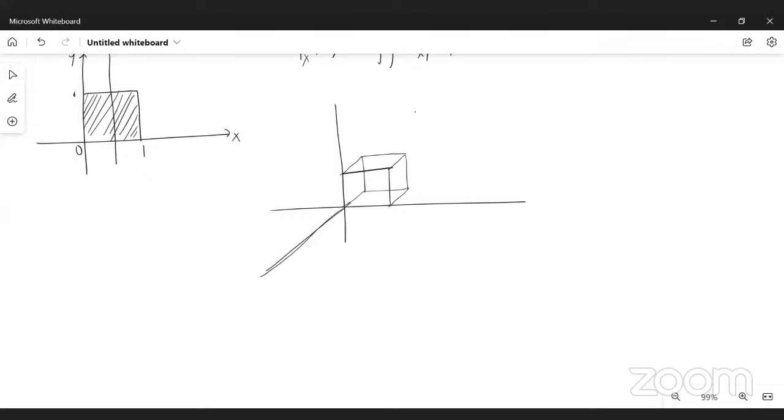Let's make the other axis. So this is our unit square, okay. Let's assume this is our unit square. Now what we are doing is we are slicing this, okay. So let's say we are slicing it, we are fixing an x. If this is our x-axis, this is our y-axis, and this is our z-axis.